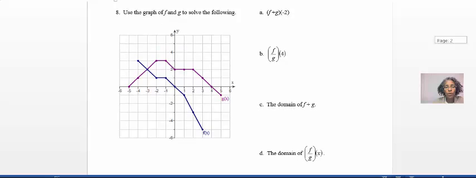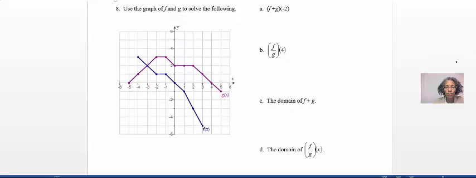Here we want to use the graph of these two functions. The red graph is g of x, the blue graph is f of x. We want to use the graph to solve the following. So we want to find f plus g of negative 2. That's really just f of negative 2 plus g of negative 2.